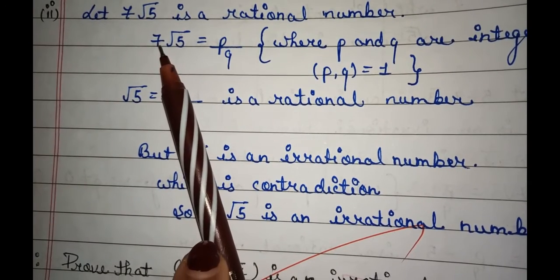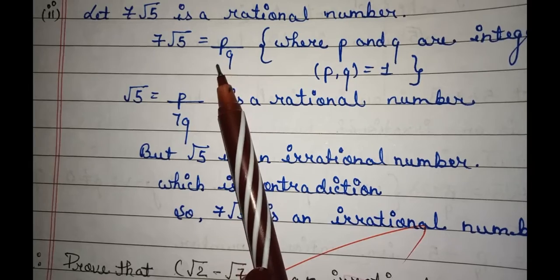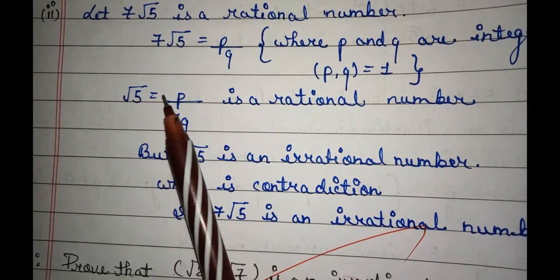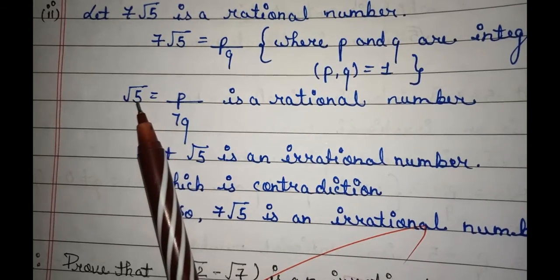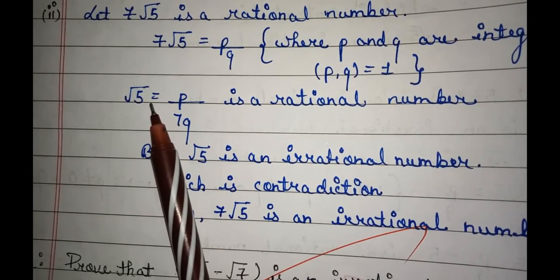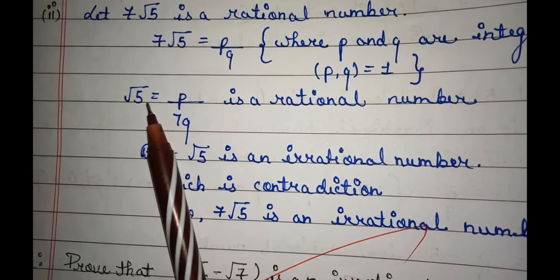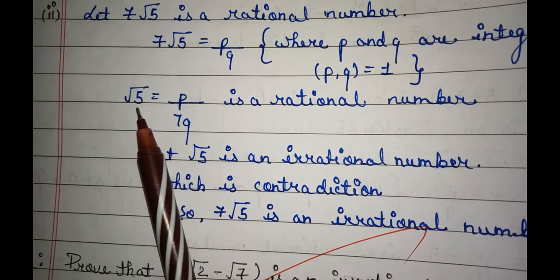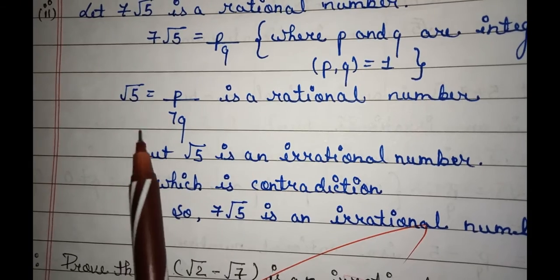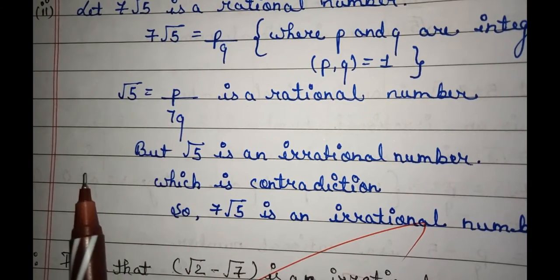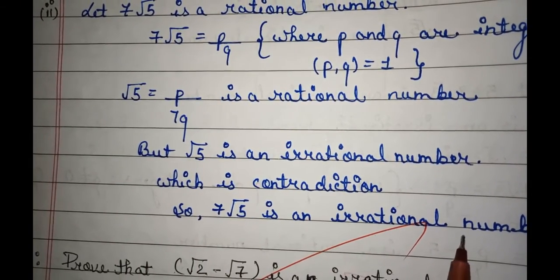Now by moving this 7 to this side, it will divide. So we get root 5 is equal to P upon 7Q as a rational number. But we already know that root 5 is an irrational number. We can prove that root 5 is an irrational number. So our contradiction is again wrong and hence it is proved that 7 root 5 is an irrational number.